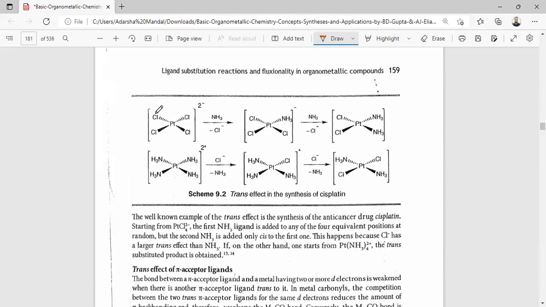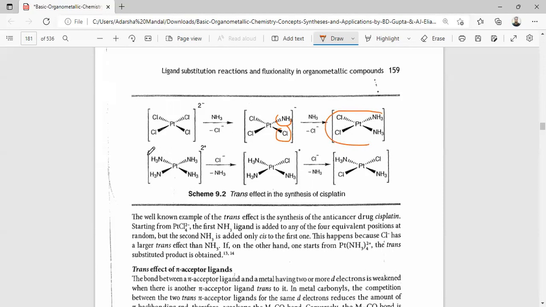When started with PtCl4 2-, the first NH3 ligand substitutes one Cl; here all the Cl are equivalent. So next the trans effect comes into play. Between NH3 and Cl, the Cl has a higher trans effect, so the Cl will be dissociated to form cisplatin.